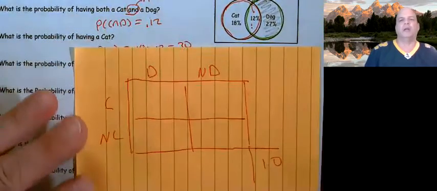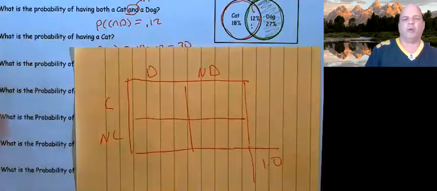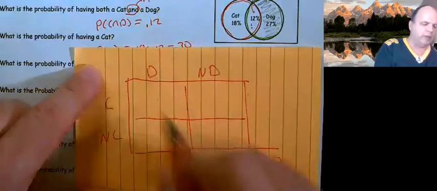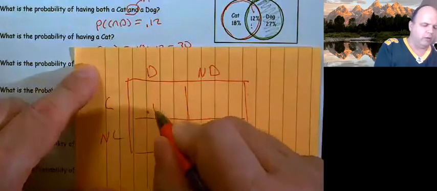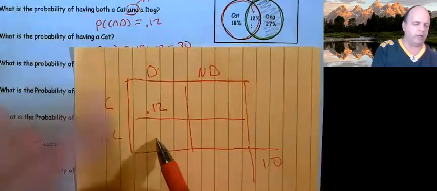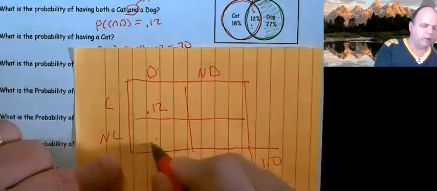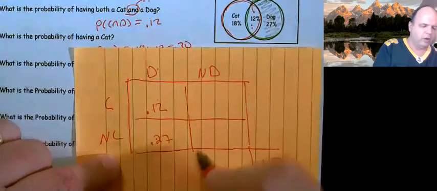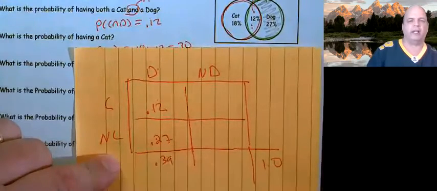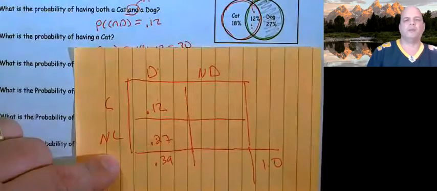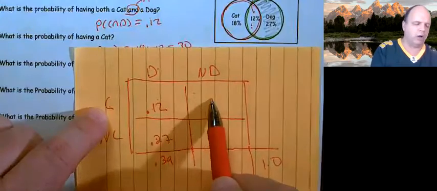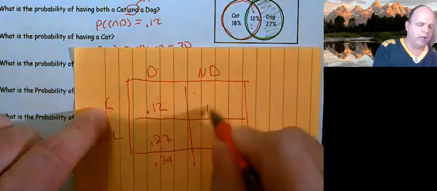All right. First off, I like to start with the intersection. Well, C and D is right here. So the probability of a cat and a dog is 0.12. The probability of having a dog but not a cat is 0.27. So this makes this 0.39. The probability of having a cat but not a dog is 0.18.